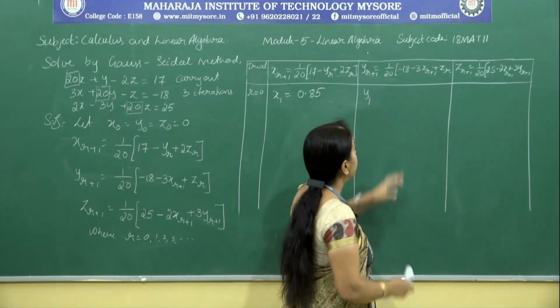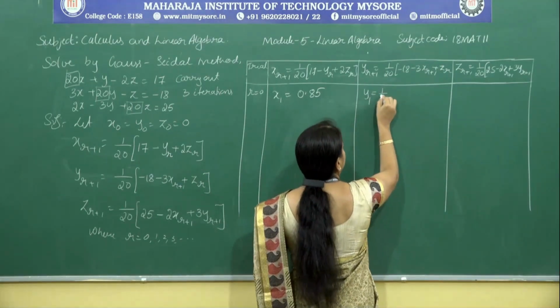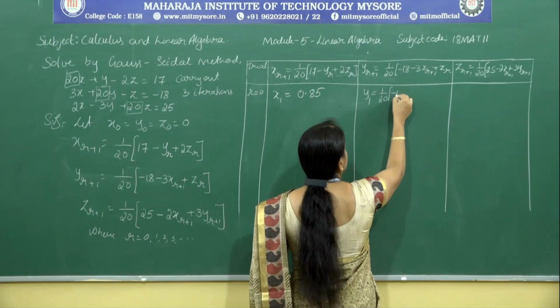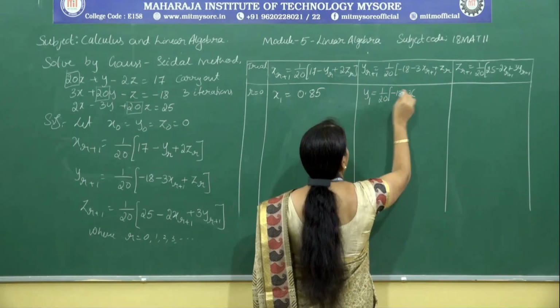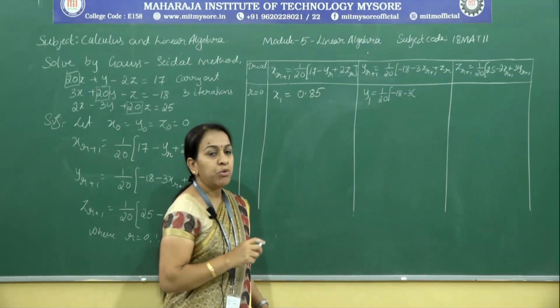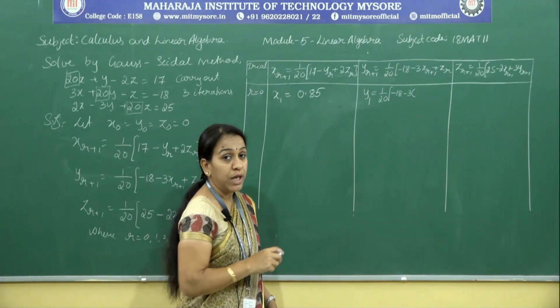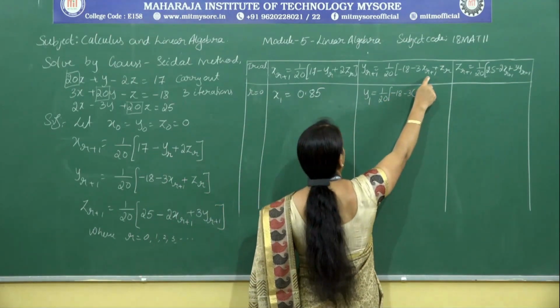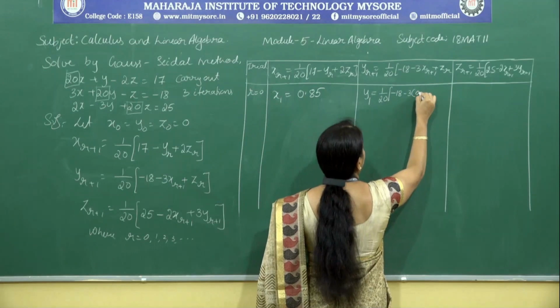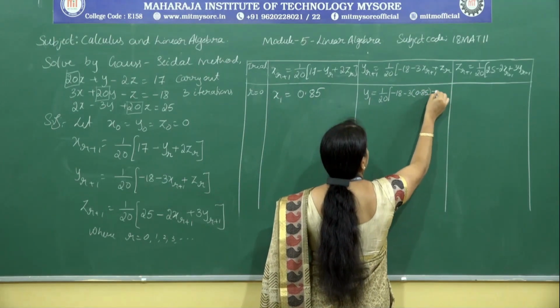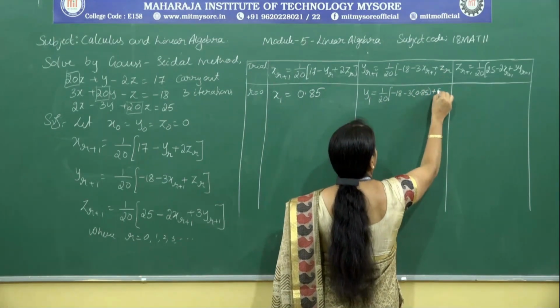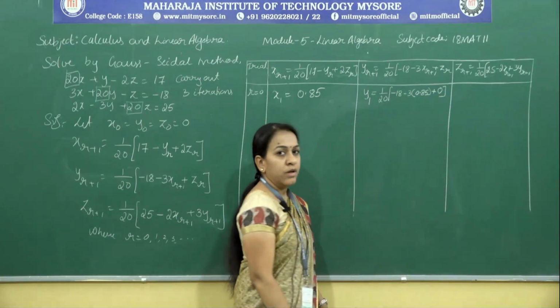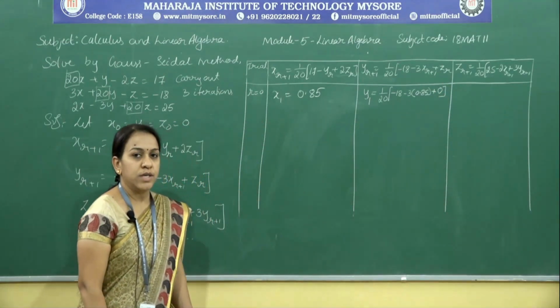y1 is 1 by 20 into minus 18 minus 3 into this result. If I put r equal to 0 there, I will get x1, so x1 value 0.85, minus or plus z0, which is 0.